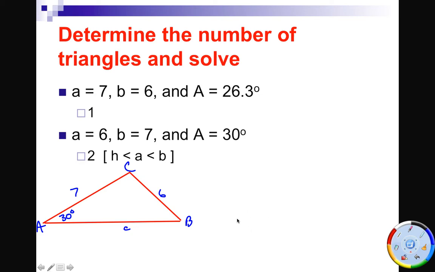This is the hard problem. But I still have to have this 7, and this angle still has to be 30.